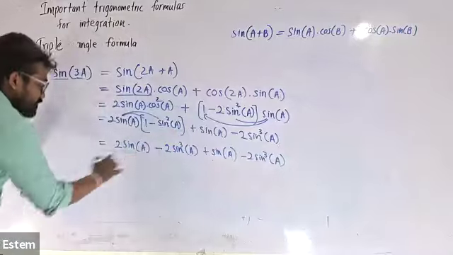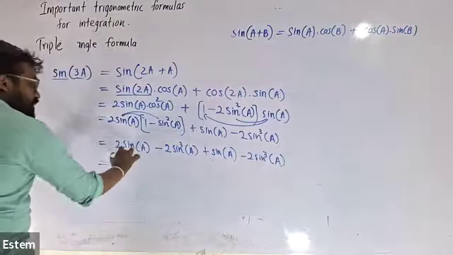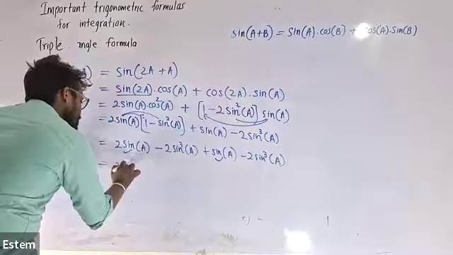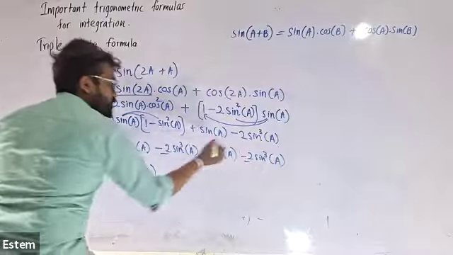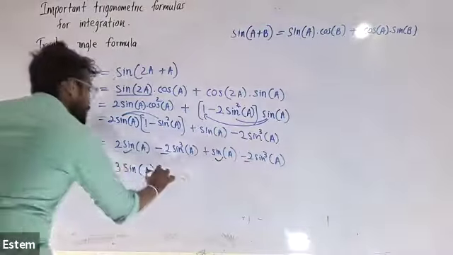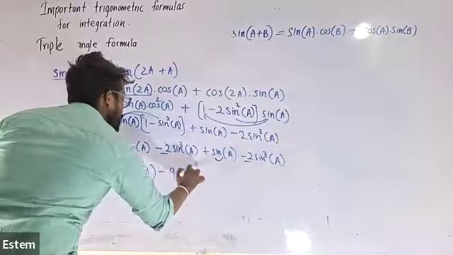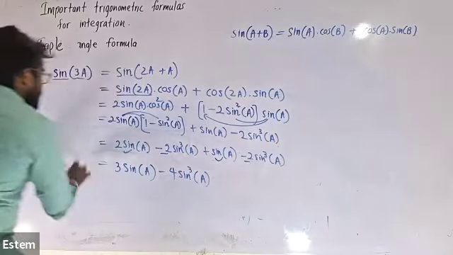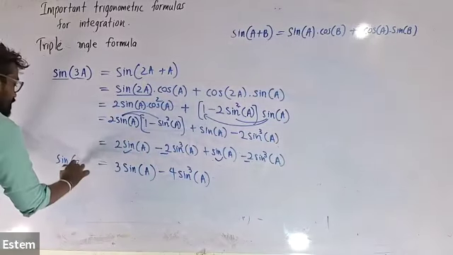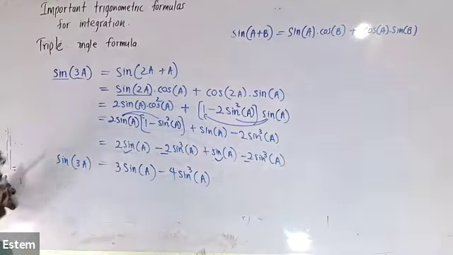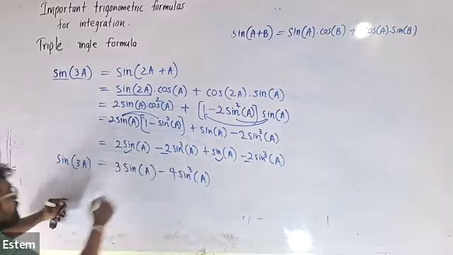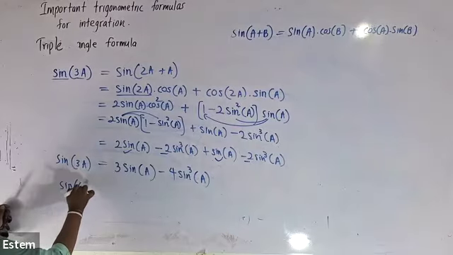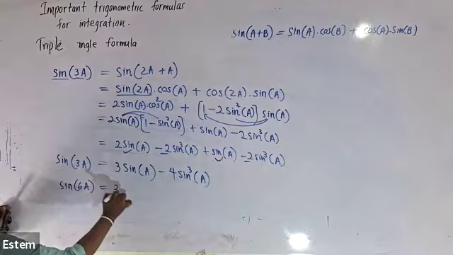Now 2 sine a plus sine a is 3 sine a. Minus 2 and minus 2, so it is minus 4 sine cube a. Now it replaced sine 3a. Please note the 3a is divided by 3. If there is sine 6a, what happens?